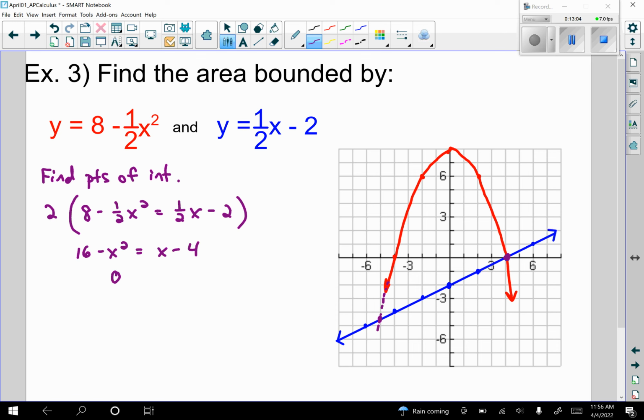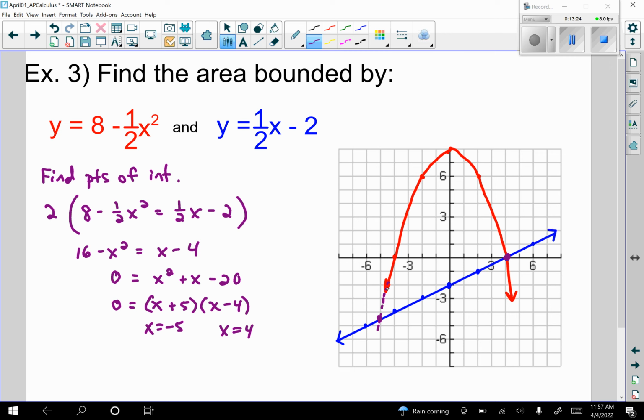So we'll have a quadratic here. We'll bring this over and factor this. So we see one point of intersection happens when x is 4, and the other one when x is -5.